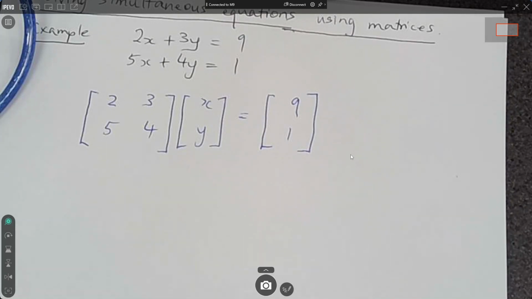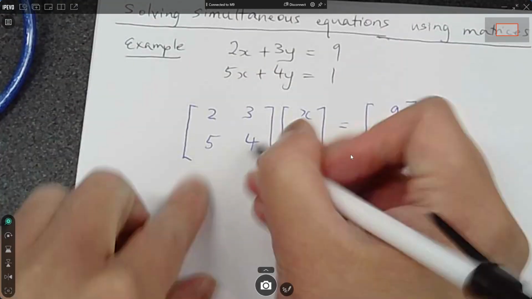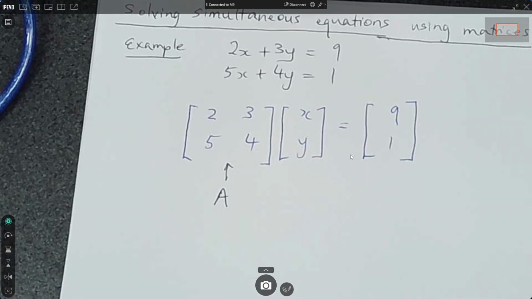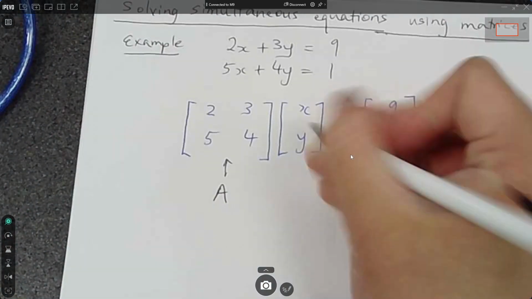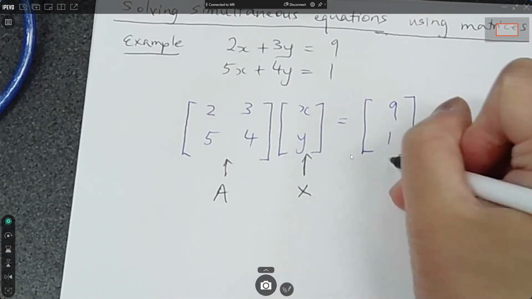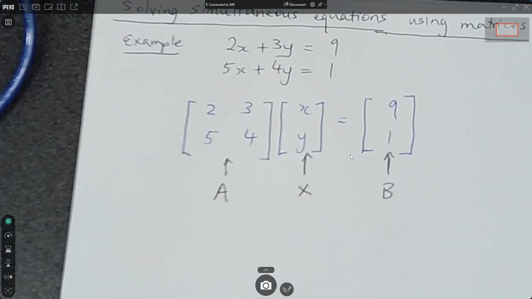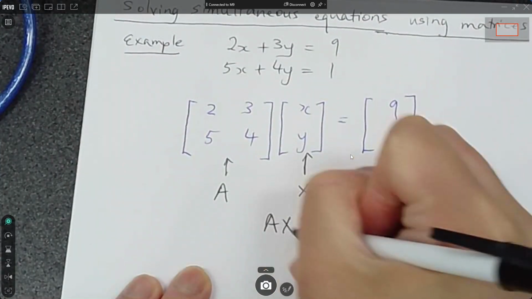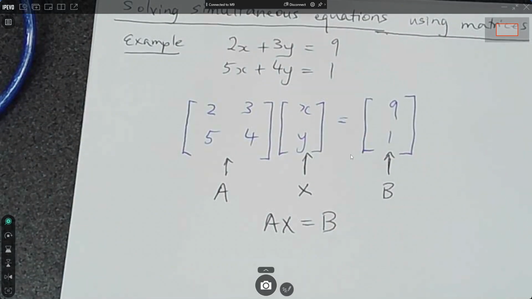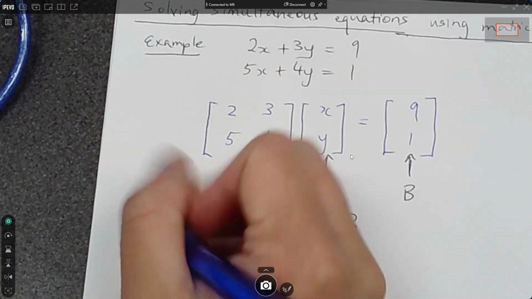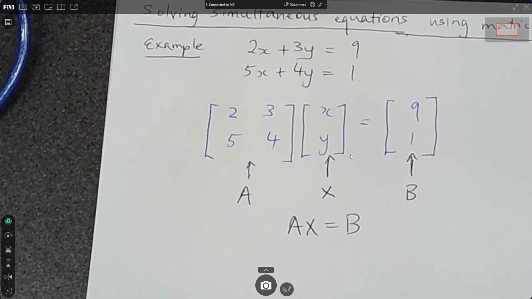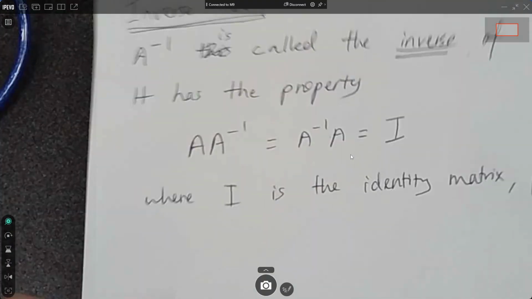All right. I'm going to call this first matrix capital A. I'm going to call the second matrix capital X, and I'm going to call the third matrix capital B. So I've got a new equation now. Capital A times capital X equals capital B. Okay, we're going to use this property.